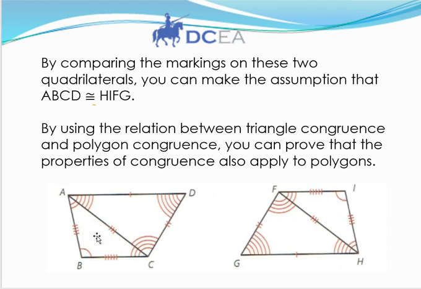By using the relation between triangle correspondence and polygon correspondence, you can prove that the properties of congruence also apply to polygons. We do this by doing things like drawing a diagonal and making two triangles.